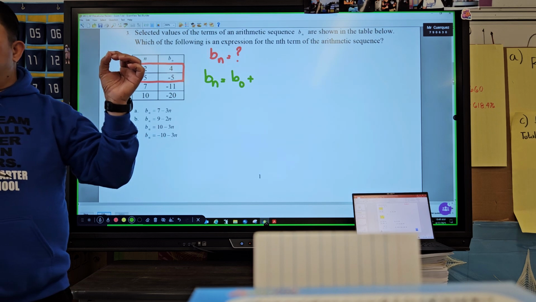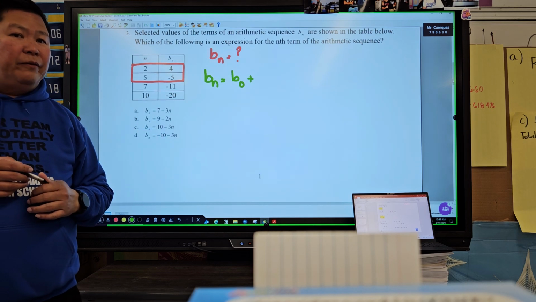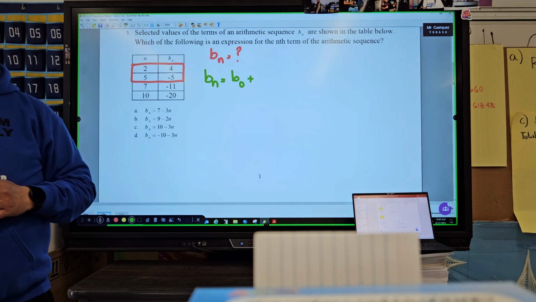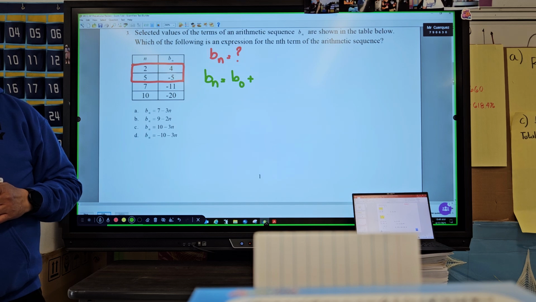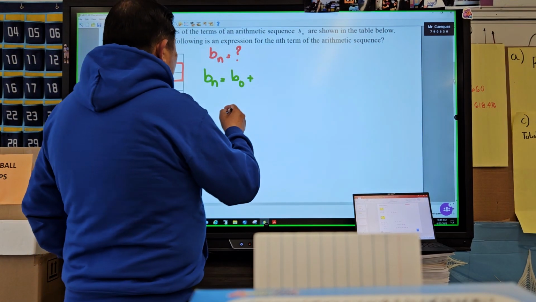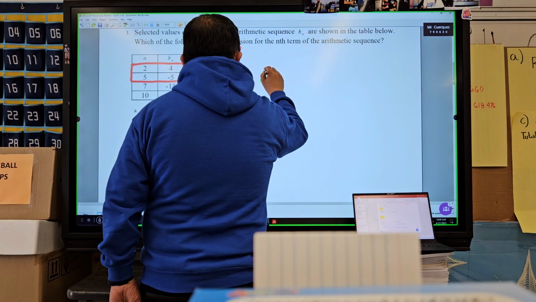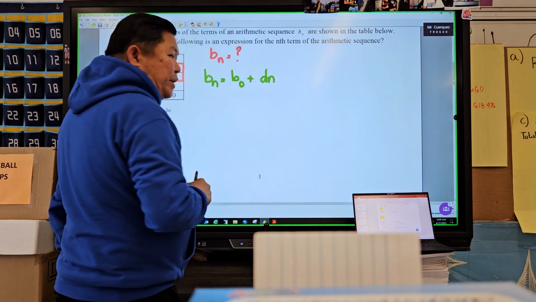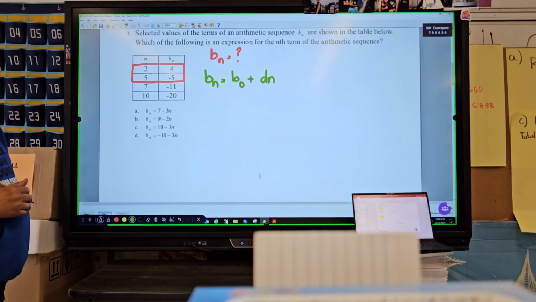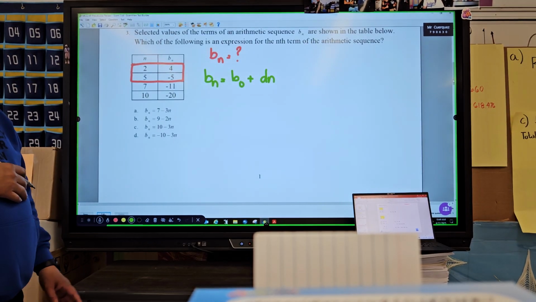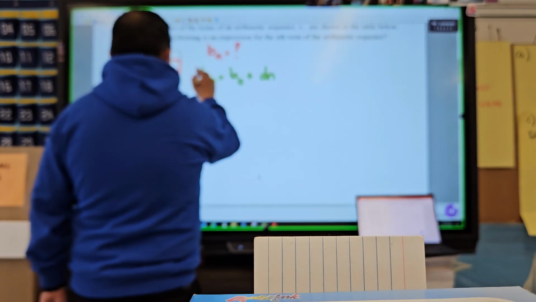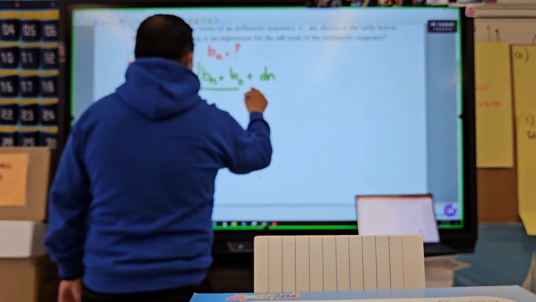So we use letter D as the common difference, and letter R as the geometric ratio. So which means D times N, right?